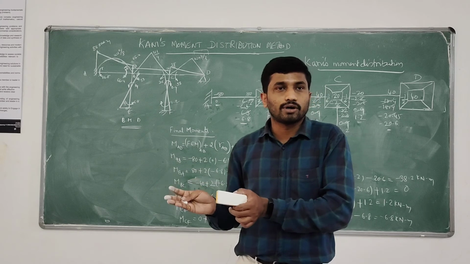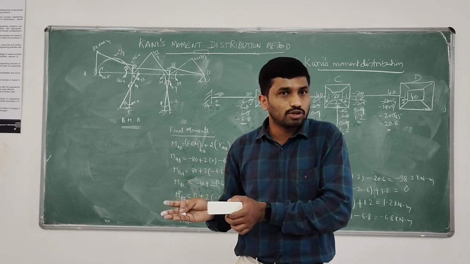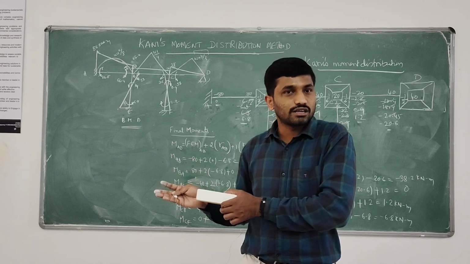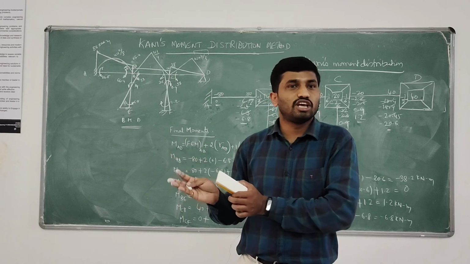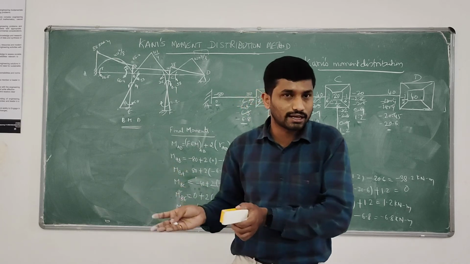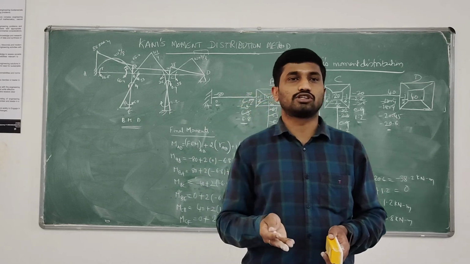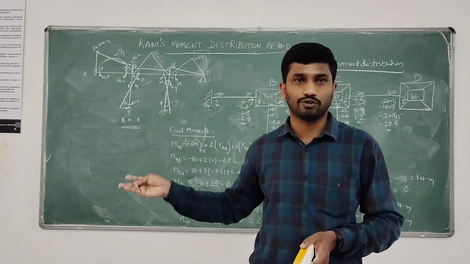Similarly, if a point load is carried at the center, then that is minus WL by 8. If it is an eccentric load, then minus WAB square by L square and plus WBA square by L square. Using those standard formulas we have given already, we have computed the FEM.